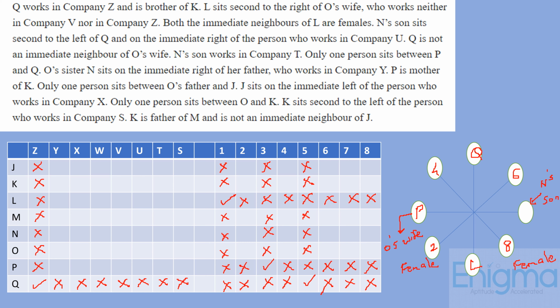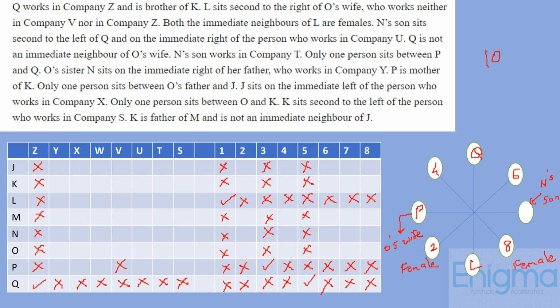Now reading the second hint once again. L sits second to the right of O's wife, who works neither in company V nor in company Z. So P and V, we can put a cross. Z is already crossed. Now let's draw the family tree as well. We now know that O and P are married.